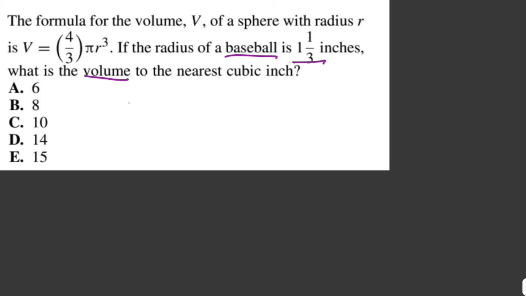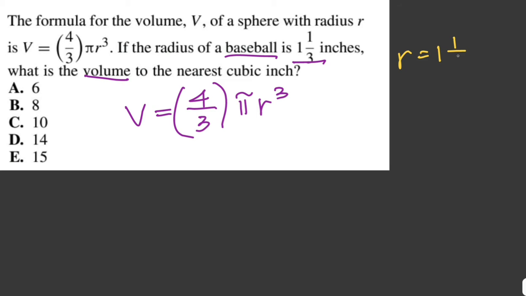Alright, so to solve for the volume, we use the formula 4/3 pi r cubed. We're given here the radius, which is equal to 1 1/3 inches.